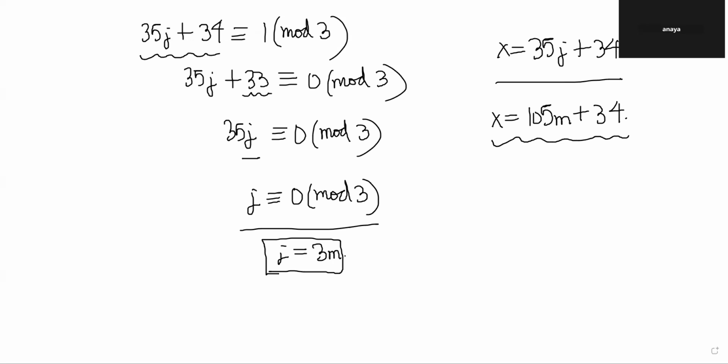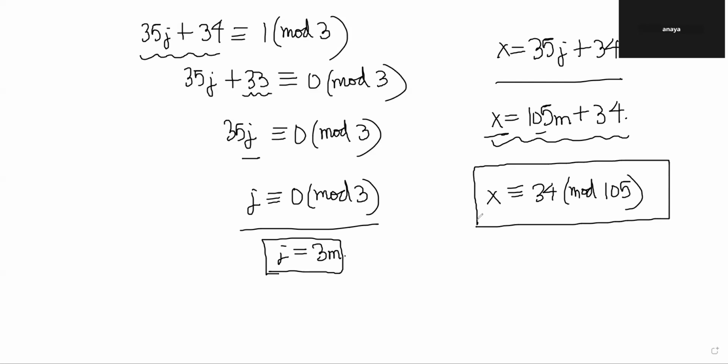And now notice that when x is divided by 105, x will be congruent to 34 mod 105, because x is coming as 105 times m plus 34. By the division algorithm, if you divide by 105, you'll get 34 remainder. So this becomes your answer for the overall system of congruences.